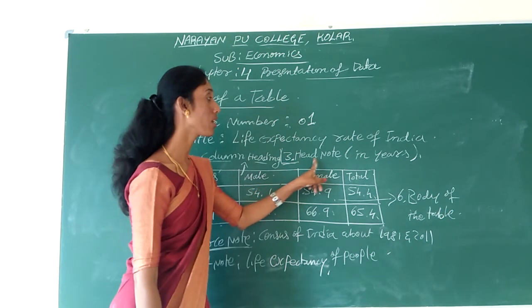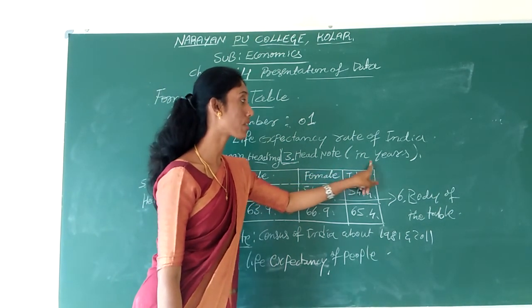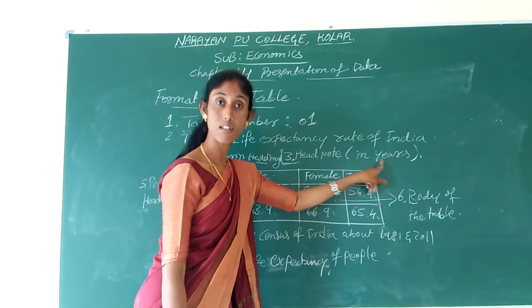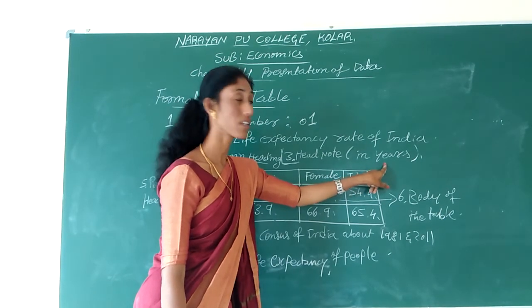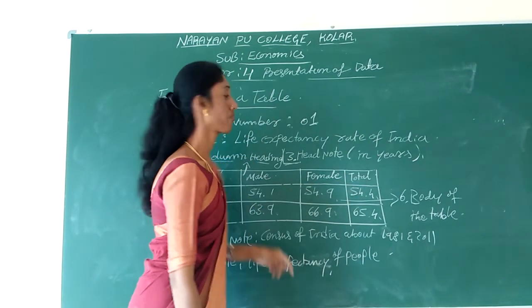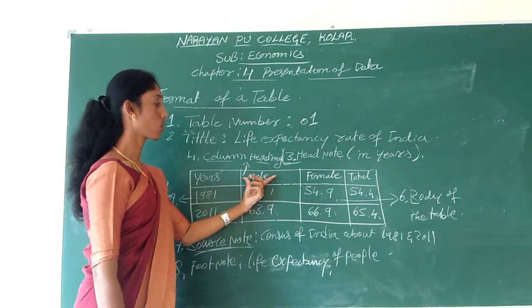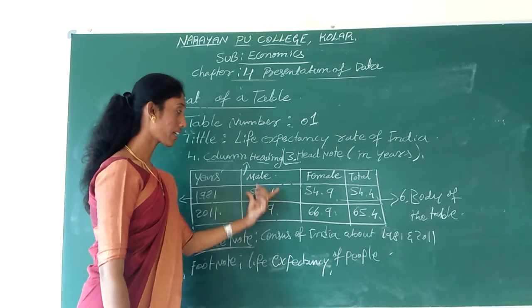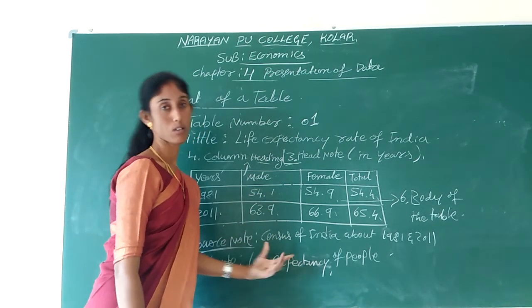We need to mention in the head note whether the numerical values are presented as years or months or days or weeks. Okay, that we need to mention in the head note. And next is the column heading. The column headings are the headings for the entire column. It is going to explain the nature of the entire columns.